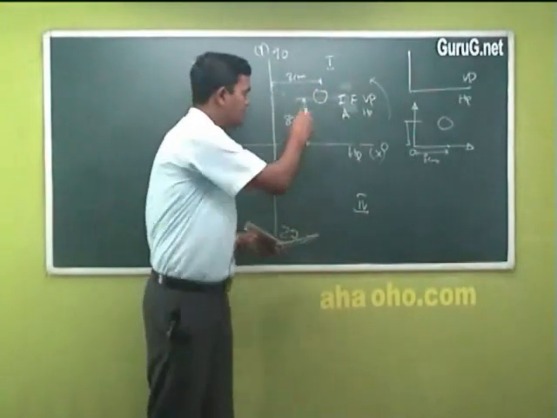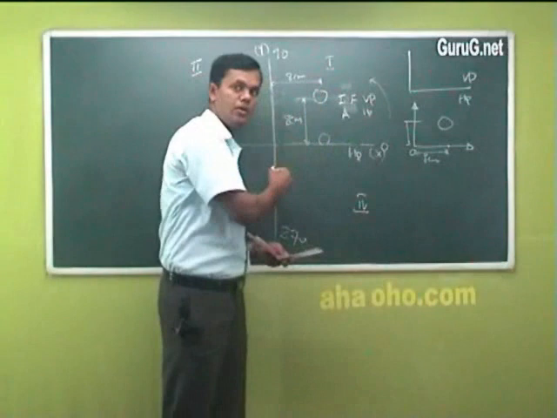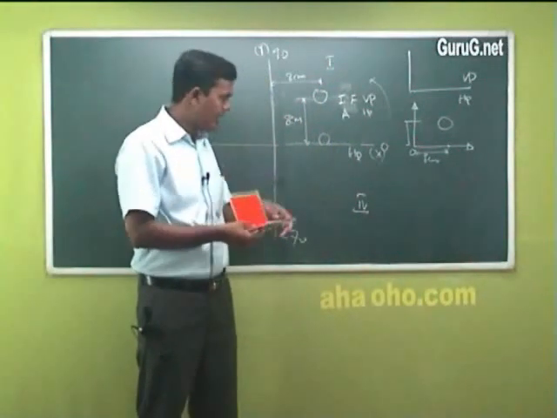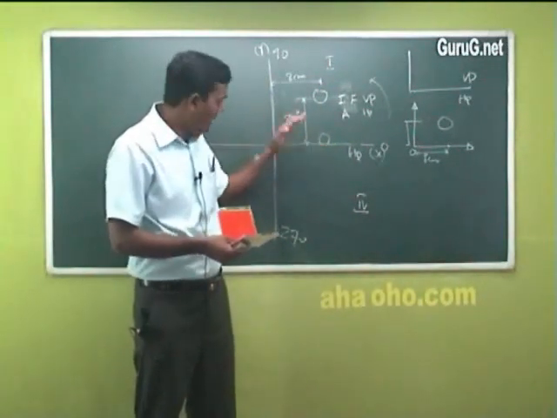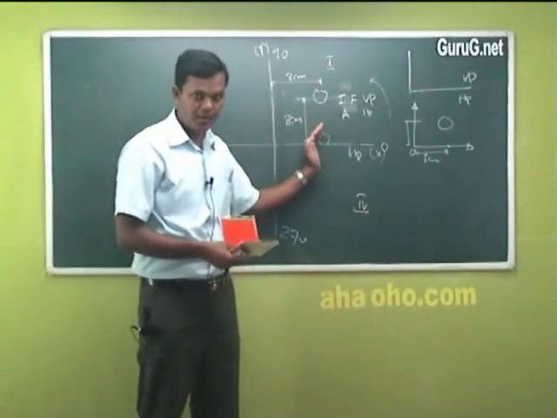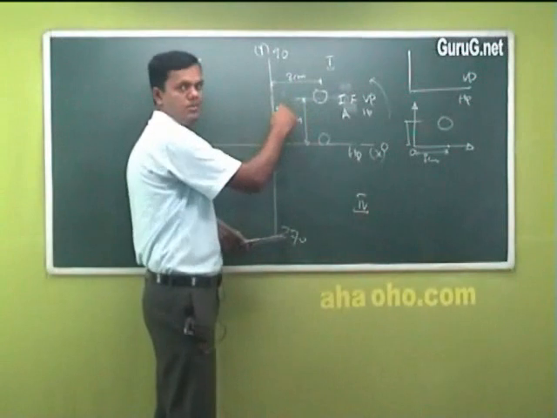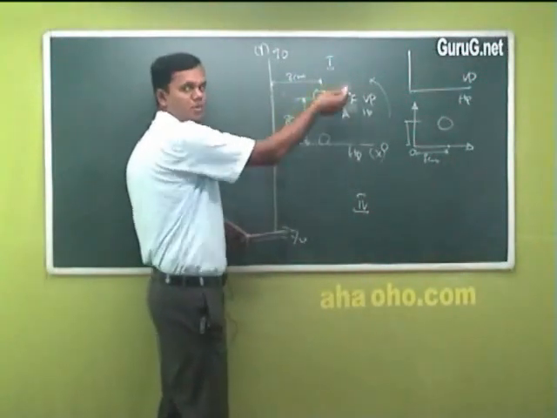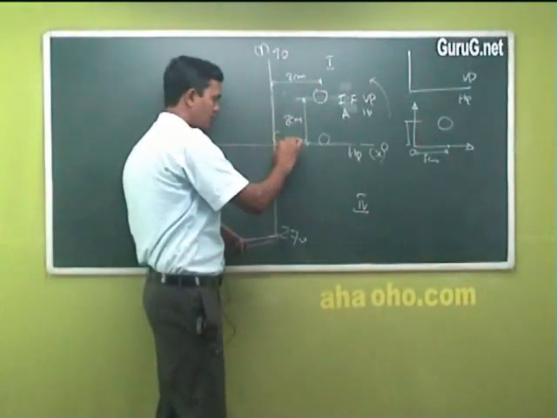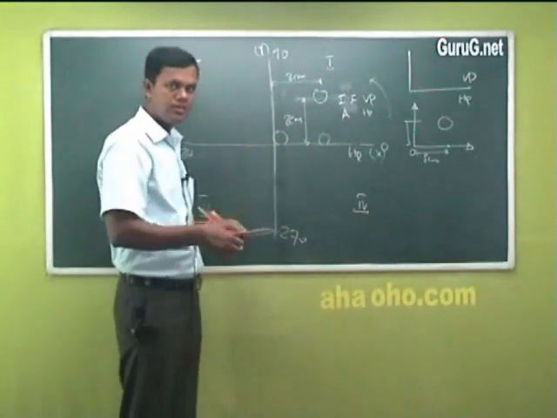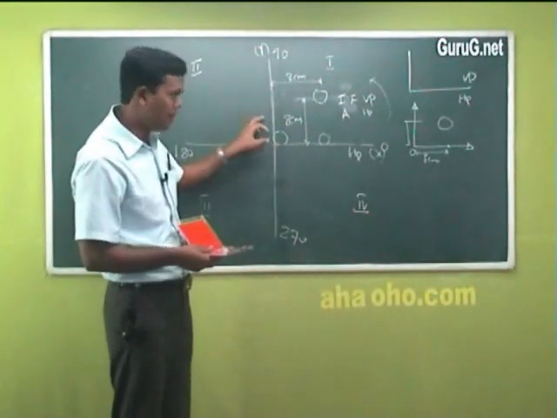Or you can say, sir, this ball can be placed here. What is wrong? It is on HP, again in front of VP. And one more placement. As you wish, you can draw in different areas. I'll put this ball here. Now it's touching both VP and HP.